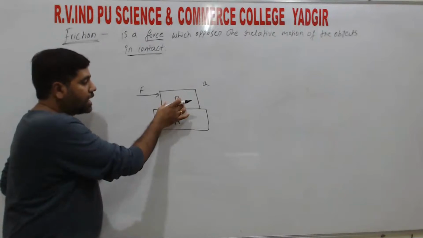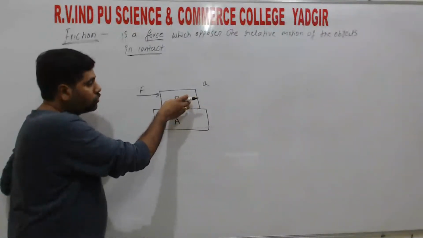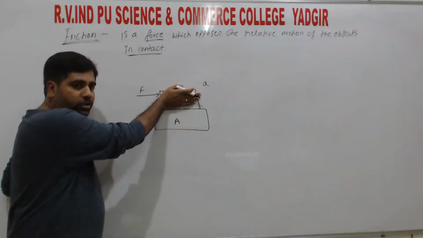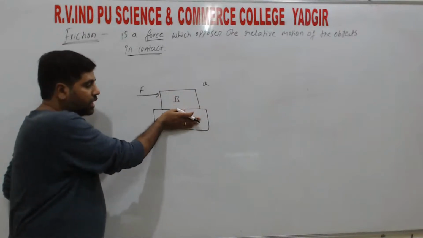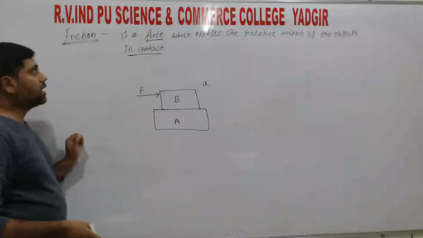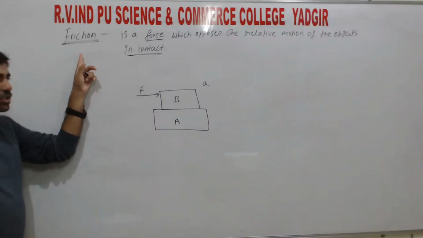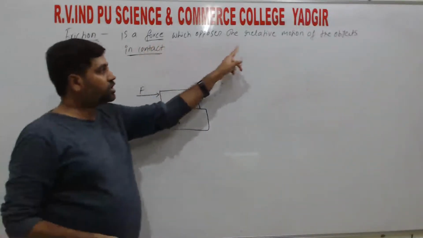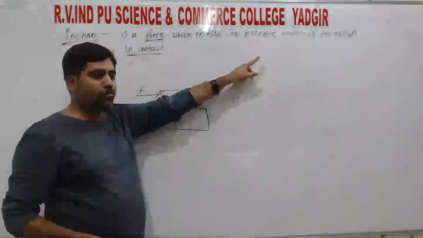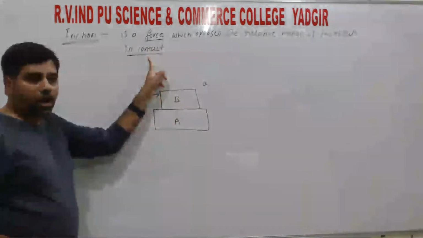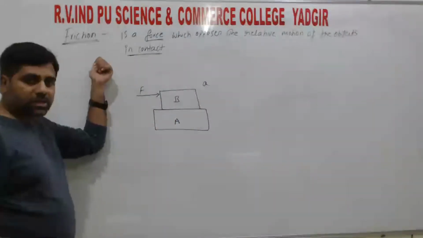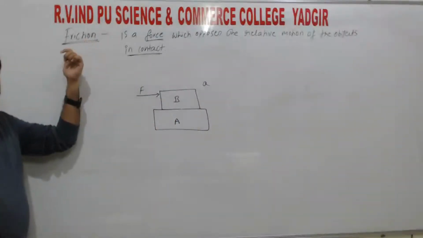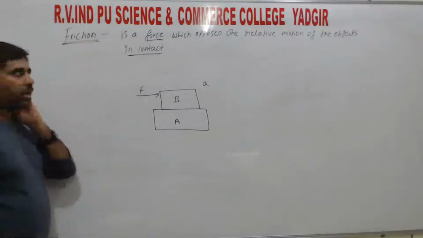As the object starts to move, this motion of object B is opposed by object A, right? That force we call friction. So friction is a force which opposes the relative motion of objects in contact. It exists only if two objects are in contact. If there is no contact, there will be no friction, right?